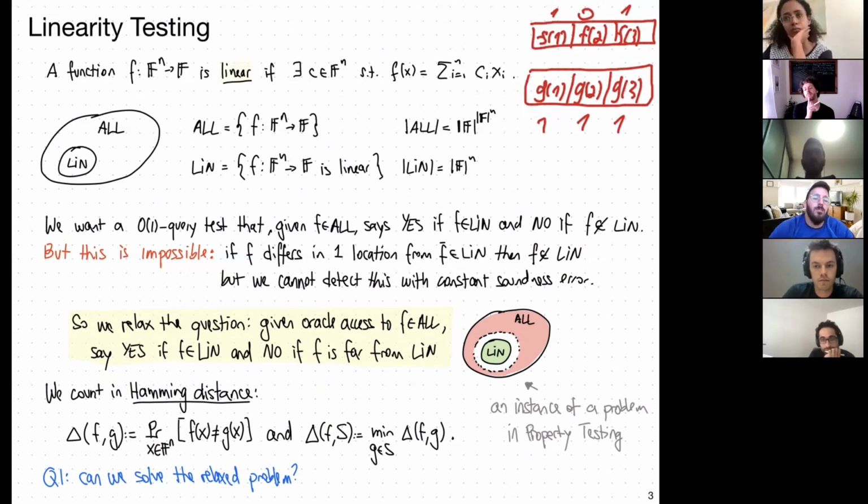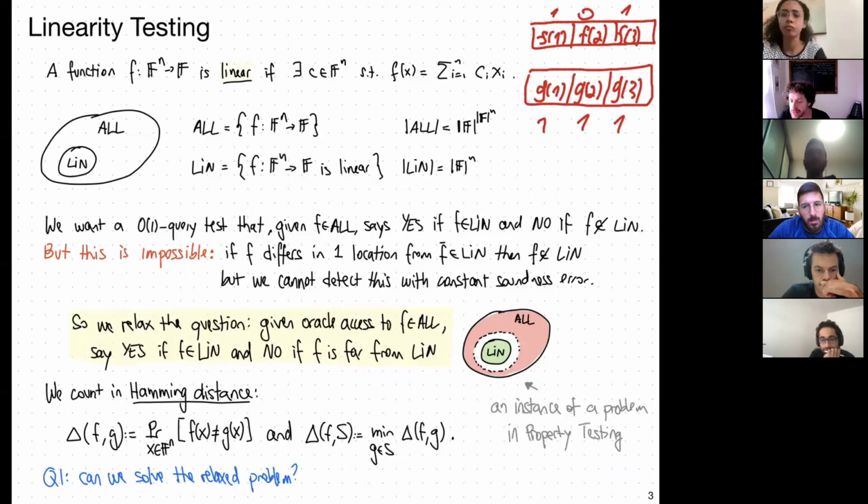Suppose I want to understand whether this is a linear function or not, then I need to figure out what the coefficients are. And if I only get 100 queries, then it seems like this is a very global property, right? One really has to figure out and deduce the coefficients. So if I was presented with this for the first time, I would be hesitant that one can even get any meaningful information.